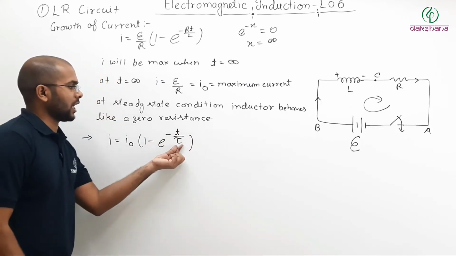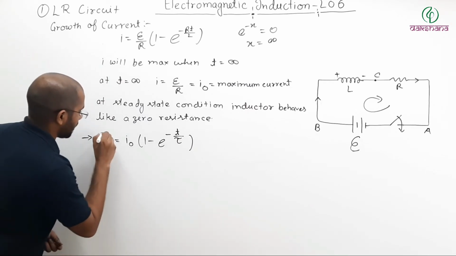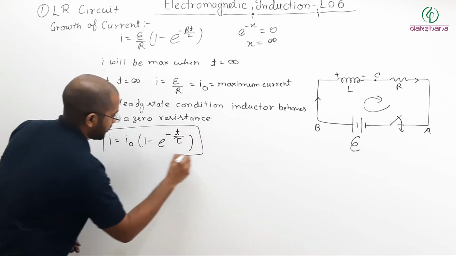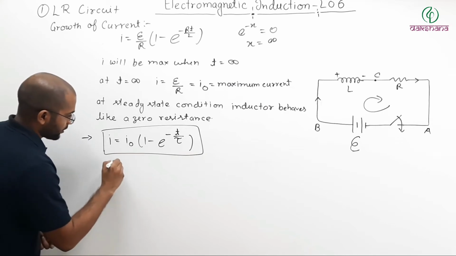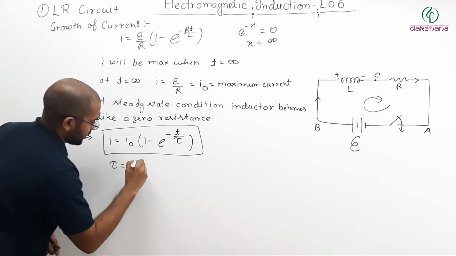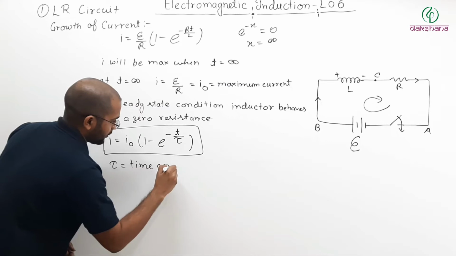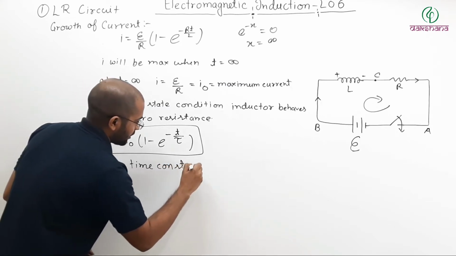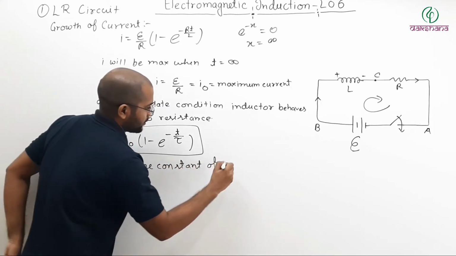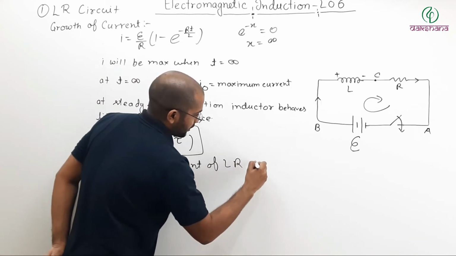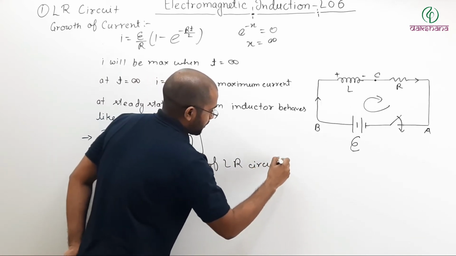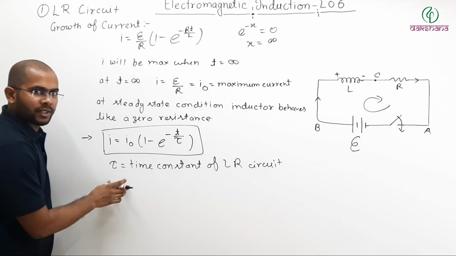So this tau, let us write this in bracket. This tau is known as the time constant of your circuit. Time constant of LR circuit. And what is the value of this tau?